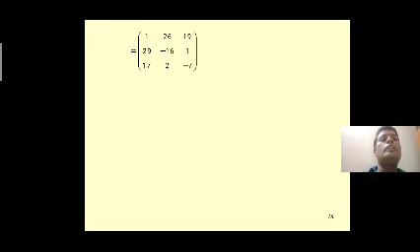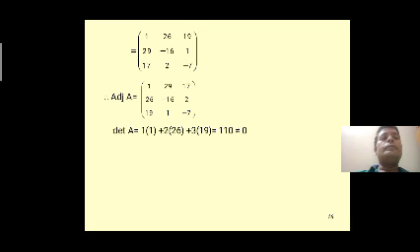We get the cofactor matrix 1 26 19, 29 16 1, 17 2 minus 7. We get the adjoint of A by the same procedure, cofactor matrix transpose: 1 29 17, 26 2 and 19 1 minus 7.